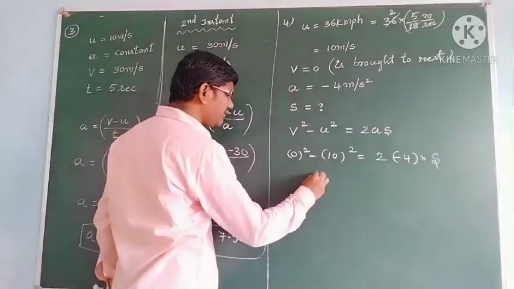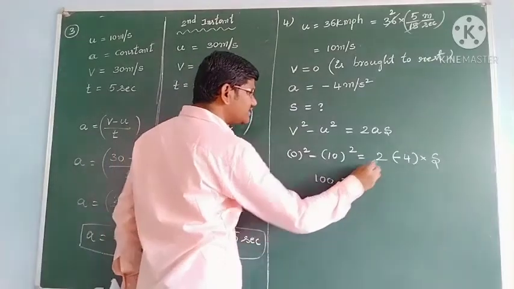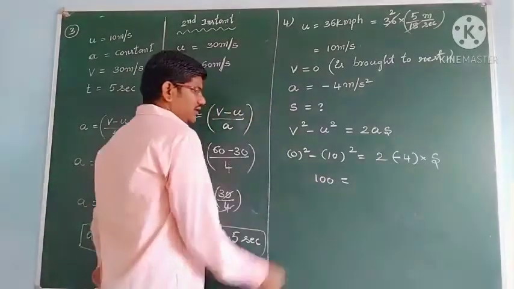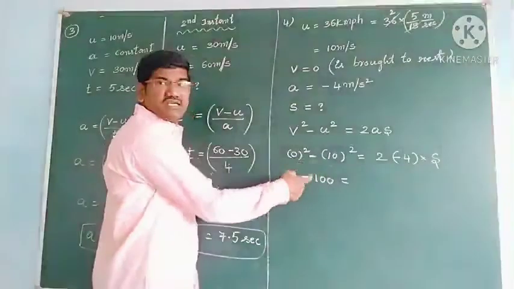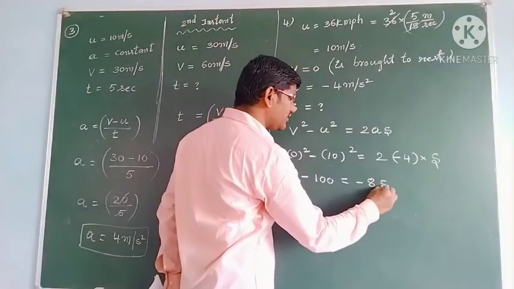Then 10 square value is 100. Okay, you have minus here, -100 and this is -8 into s.